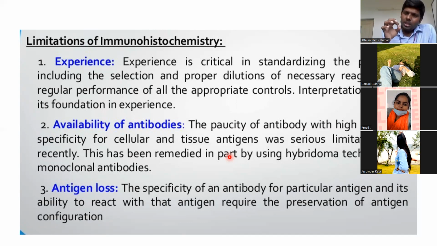And you need at least 3 to 4 years of experience in handling immunohistochemistry tissues, because the tissues are really sensitive. If you make any minor mistake in this procedure, you won't get any results. So experience is critical in performing immunohistochemistry. A fresher, an intern, a newly joined employee cannot do immunohistochemistry.